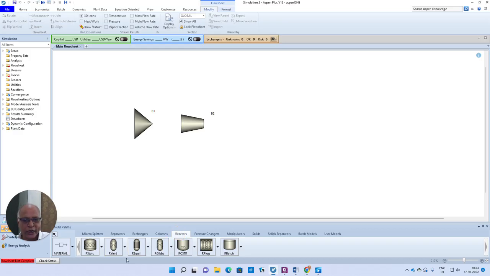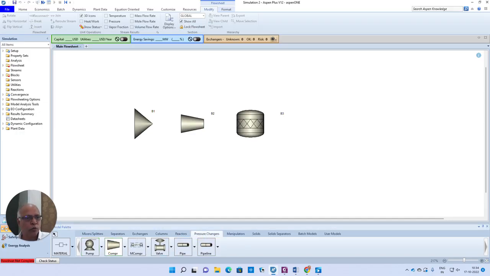Remember, we don't have any details about the kinetics, so we have to make use of a stoichiometric reactor model. And after this, we are trying to make use of a turbine. Both compressor and turbine use the same model, but while defining, you have to designate whether you are using it for calculating a compressor or a turbine. We will see that.